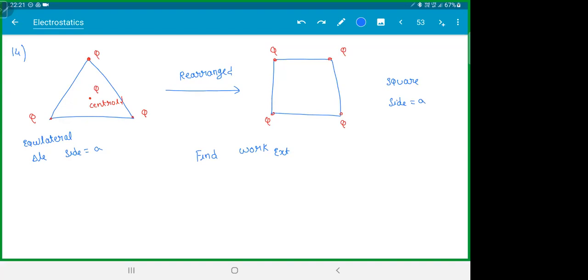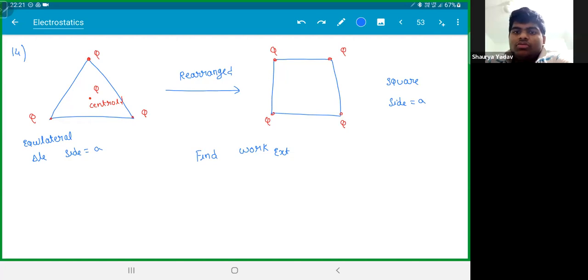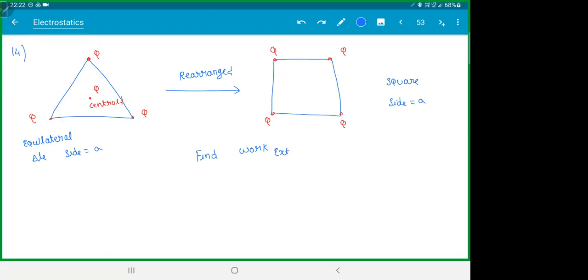Doesn't matter, you're taking a potential energy difference, so it won't matter. Everyone should try. I'll give you a minute.